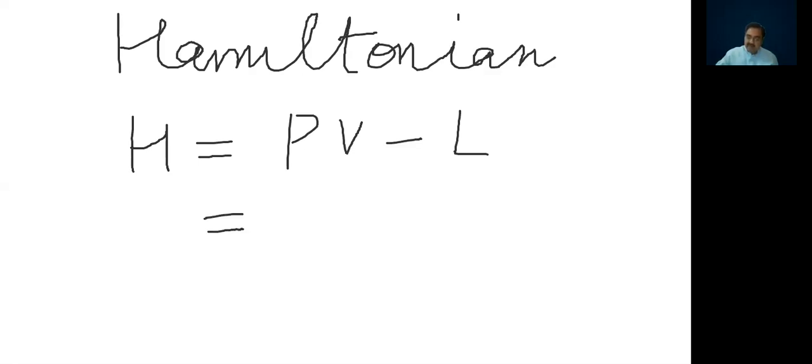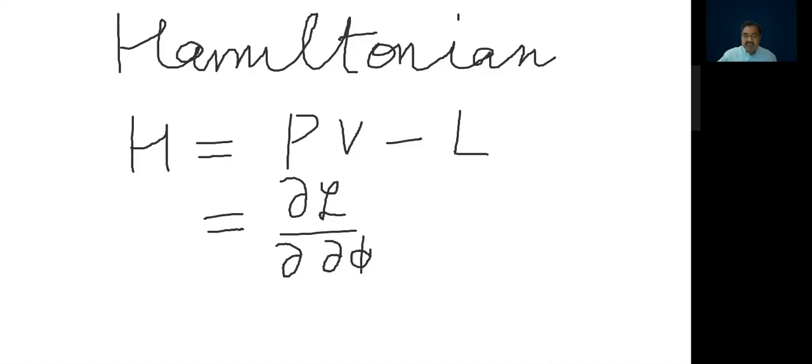In place of P, which is the canonical conjugate momentum, you write something else, in the form of del L by del of the generalized velocity. The generalized velocity here will be something like the field coordinate, which in general is phi k, and I am just taking the derivative with respect to time.